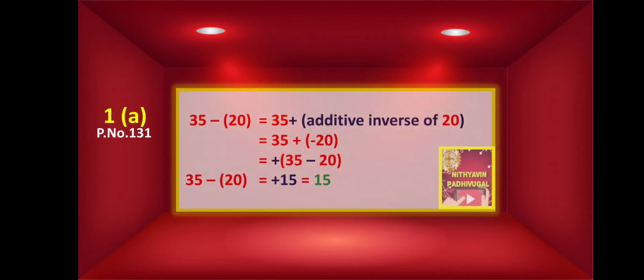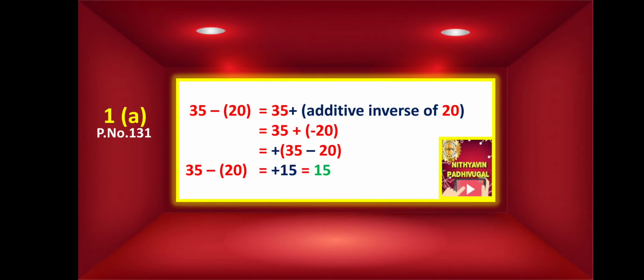Example, problem number 1a, 35 minus 20. This is a subtraction problem. It has two integers. Here, 35 is a positive integer and 20 is a positive integer, and the operator is minus, subtraction. How to do this in the form of addition?